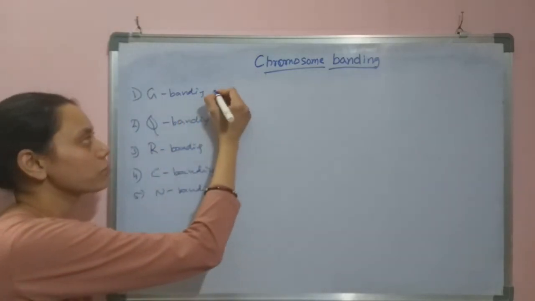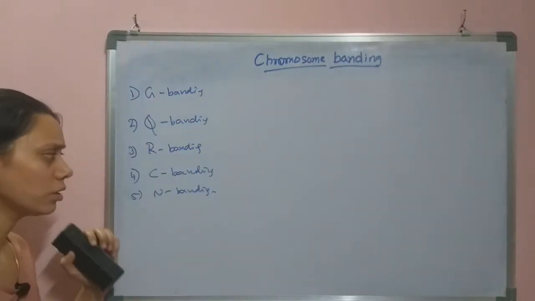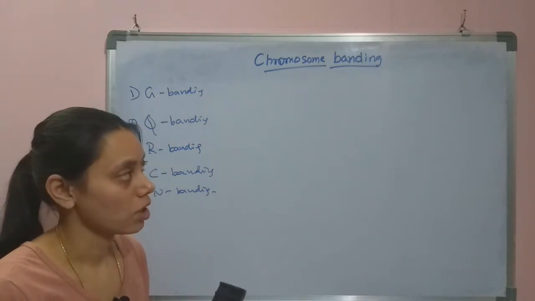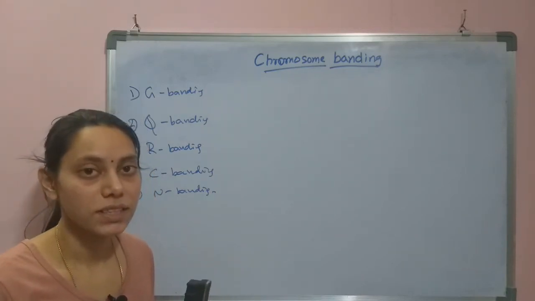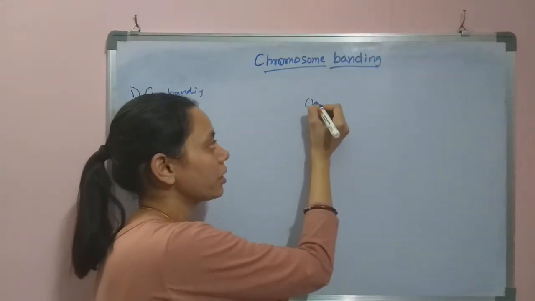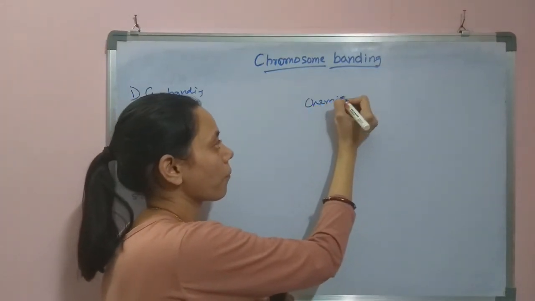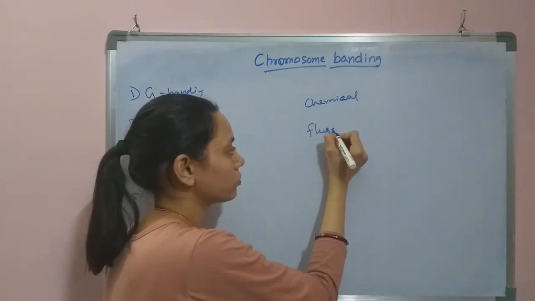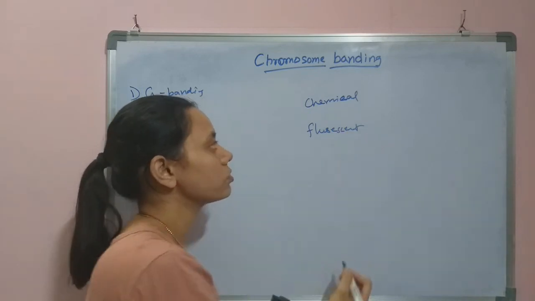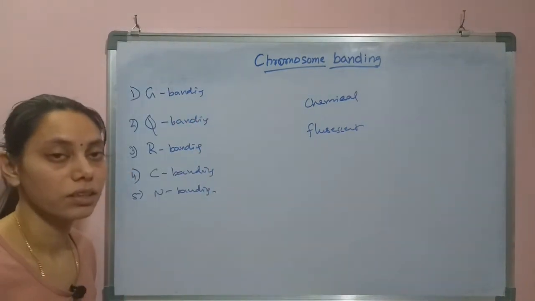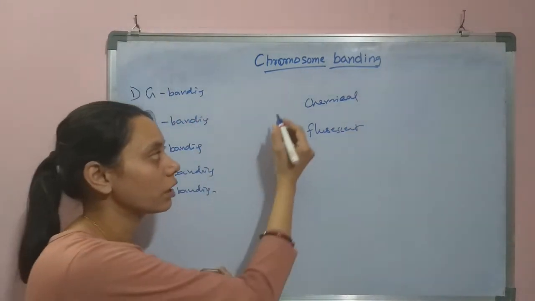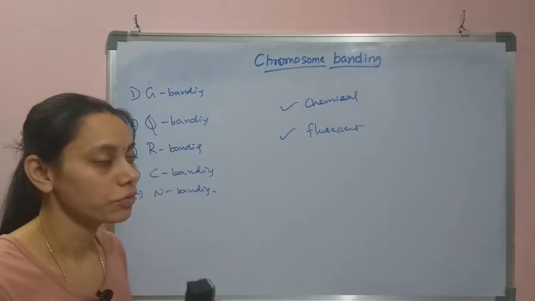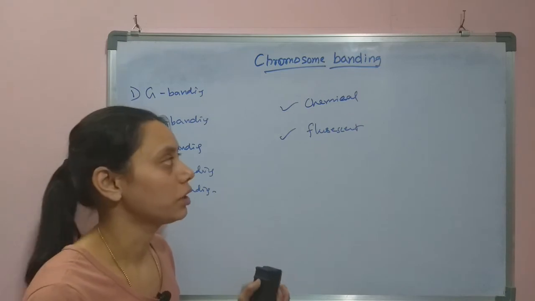And coming to the banding techniques, how do they produce such differences? As we discussed, we employ either a chemical dye or a fluorescent dye to stain the chromosomes, and the types of bands depend upon the dye.